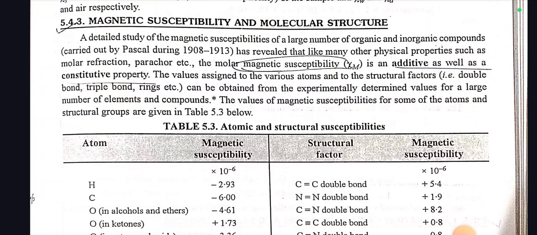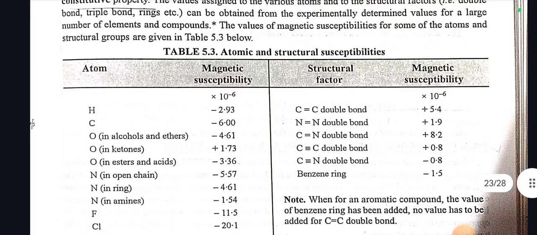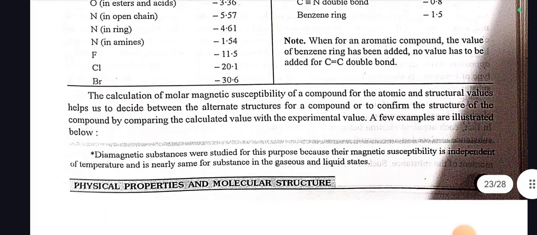The values assigned to the various atoms and to the structural factors can be obtained from the experimentally determined values for a large number of elements and compounds. The values of magnetic susceptibility for some atoms and structural groups are given.